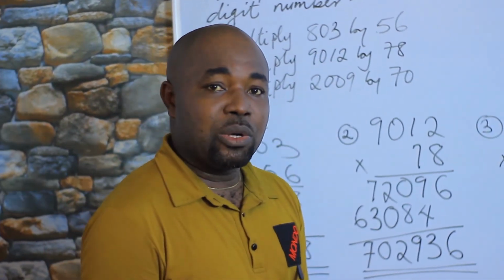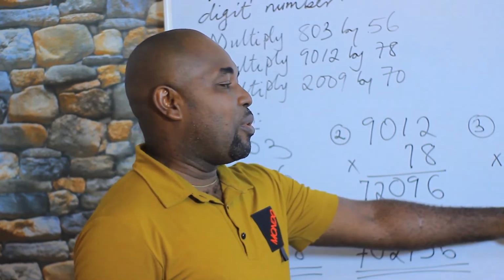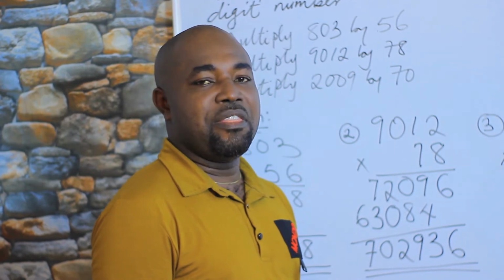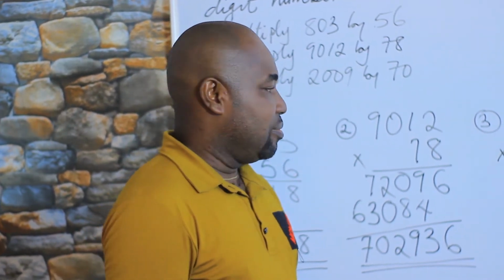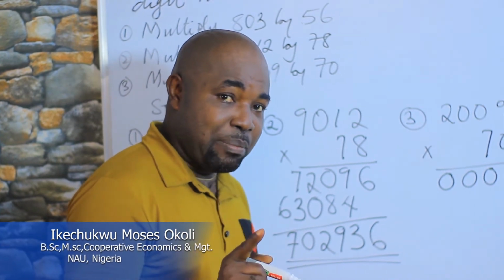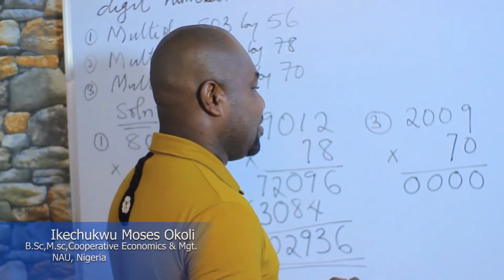Any number at all multiplied by 0 is 0. And that is why we keep on having 0, 0, 0, 0 there. Is that clear? That any number multiplied by 0 is what? 0.